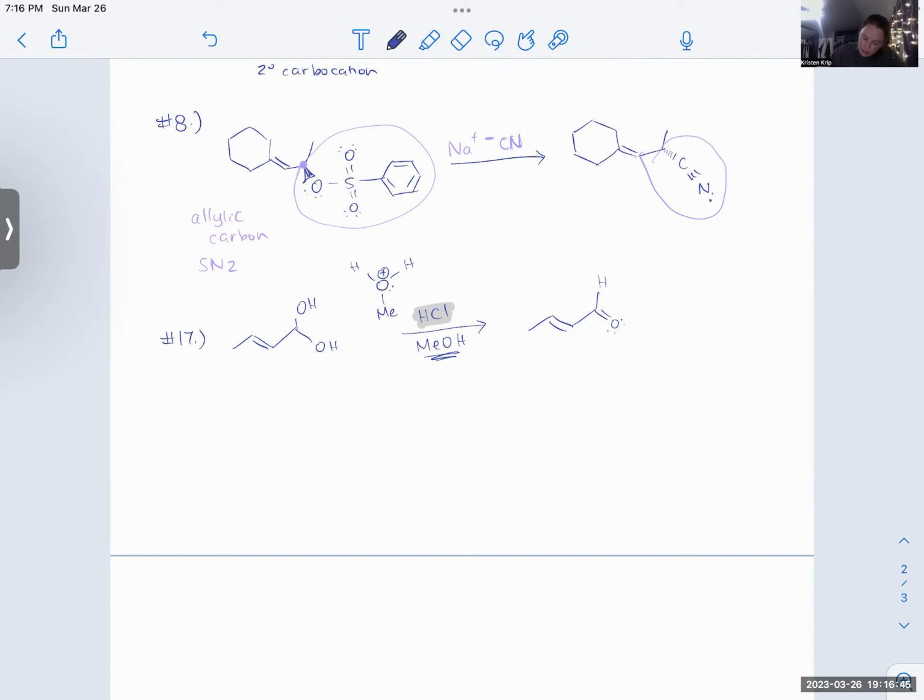And one of these alcohols is going to come and snag a hydrogen. The electrons are going to move back onto the oxygen. That's because this is our Lewis acid, Bronsted acid, and this is our Lewis base, Bronsted base.